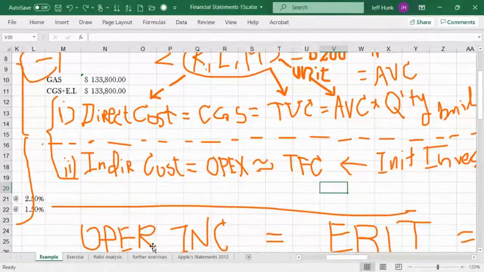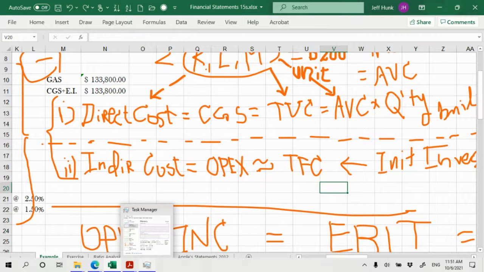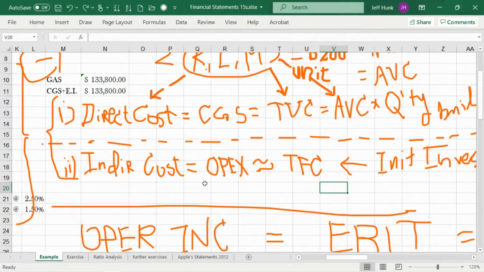Type one is production workers, workers directly working on the assembly line. And the second type is administrative staff or clerical staff.